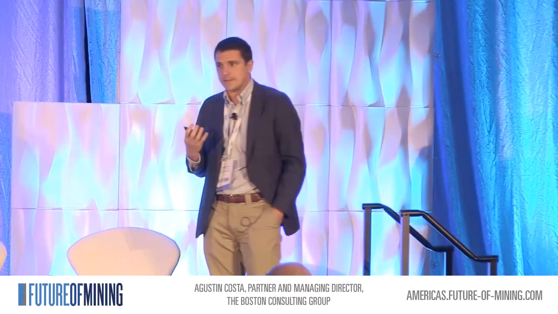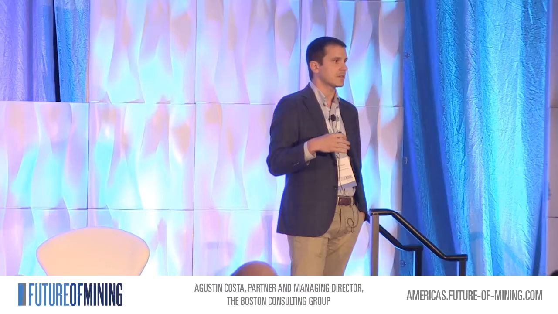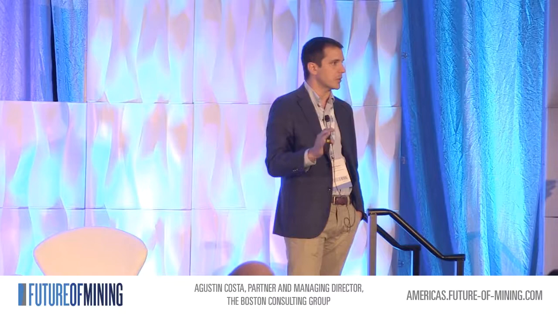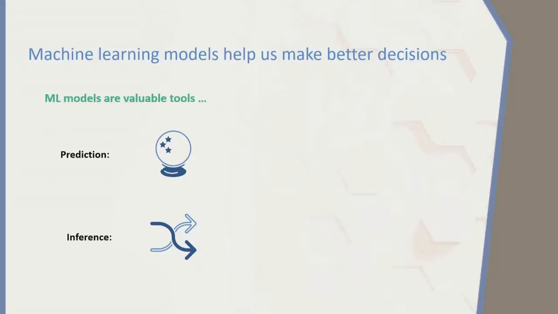So how is it that this helps us? Getting more accurate models can allow us to make different decisions, and of course, trial and error in the digital world, not in the real world. But doing this is much more accurate than the way we have been doing things in the past with traditional and parametric models. So in the end, it will allow us to make better decisions.